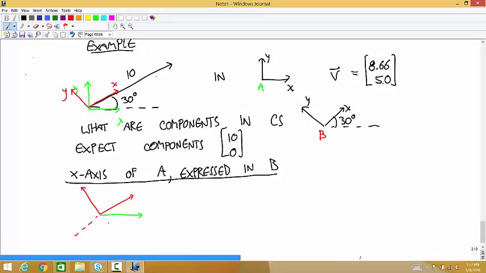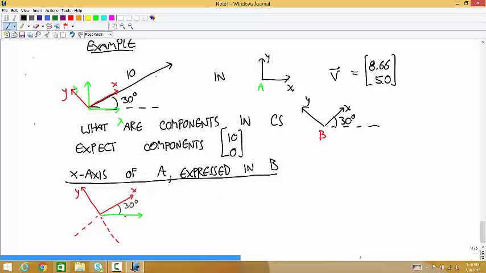There's the B coordinate system. This angle is 30 degrees. And so we have to give components for this green vector in this red coordinate system.